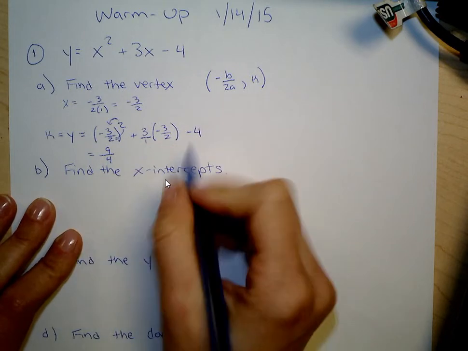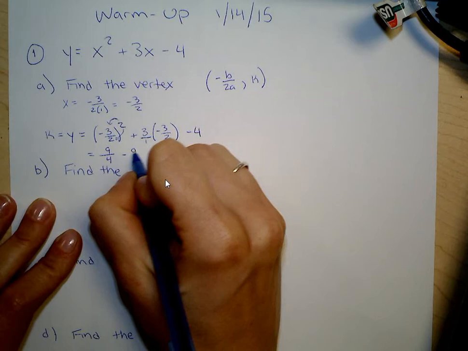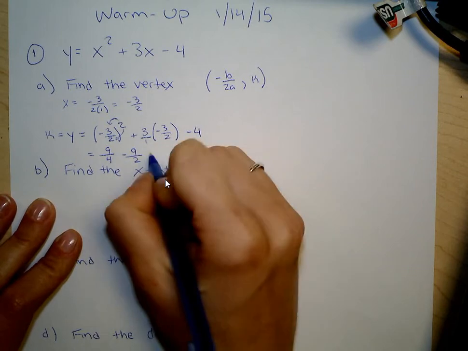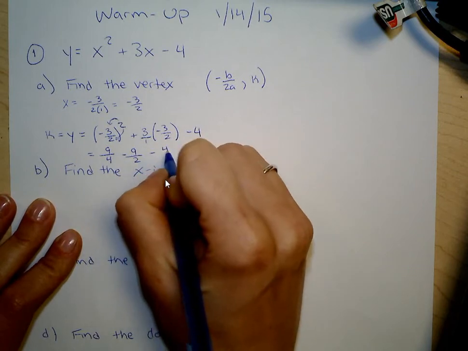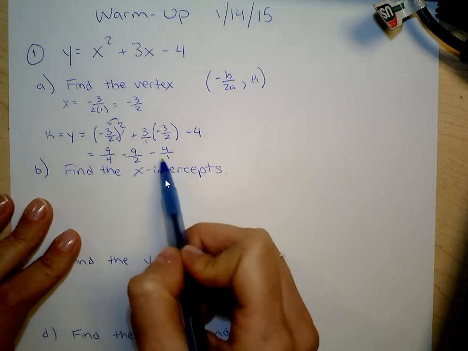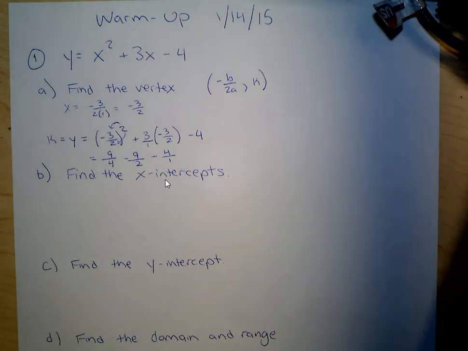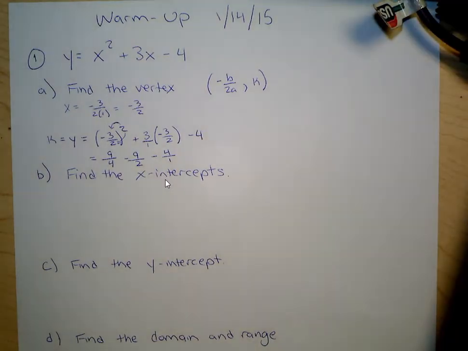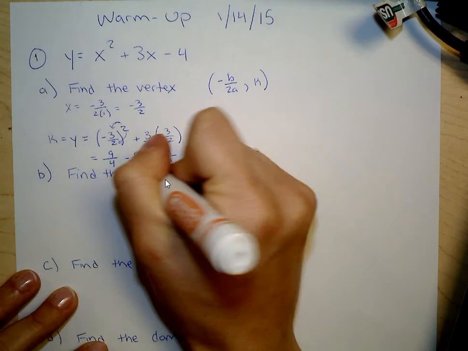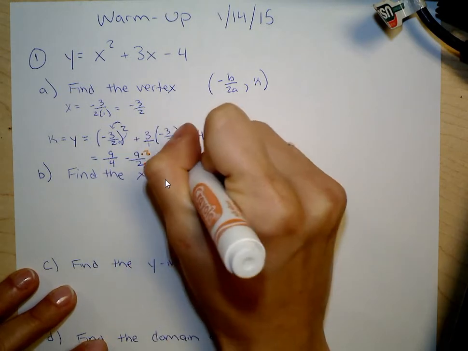And then multiplying this straight across, I'm going to have minus 9 over 2 minus, I'm going to write this as 4 over 1. The reason I do that is all of my denominators are different, and I'm subtracting, so I need to get them to be the same. So my common denominator is going to be 4. I'm going to multiply this by 2, by 2, by 4, by 4.